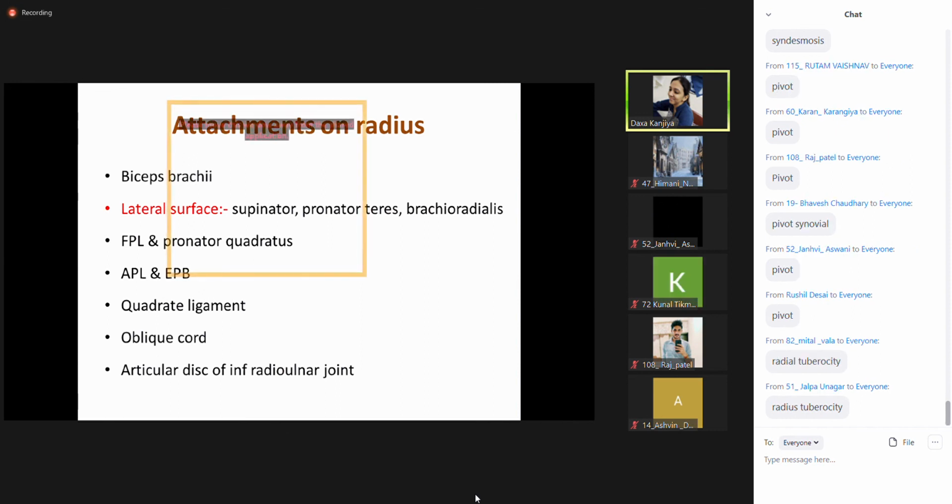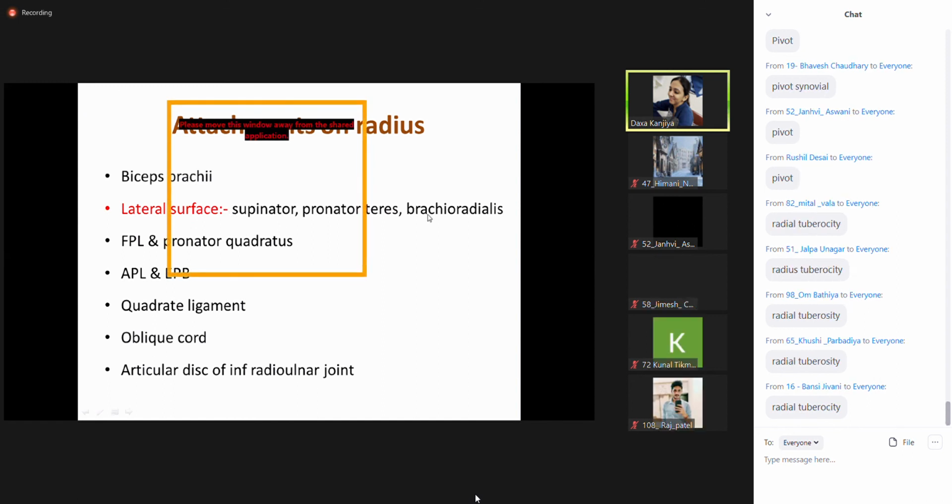On the radial tuberosity, right? And on the lateral surface of the radius, from above downward, there are attachments of three muscles: supinator, pronator teres, and brachioradialis.